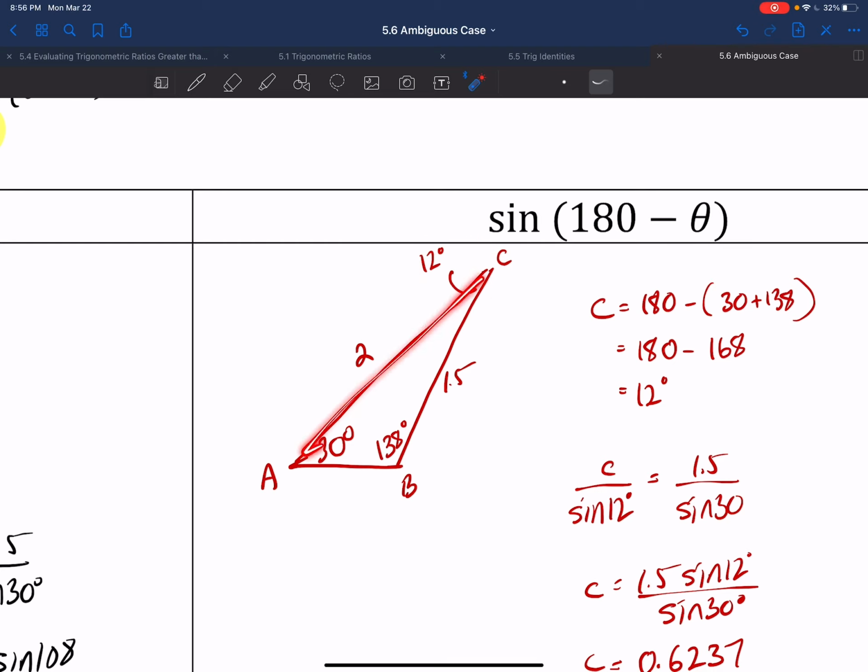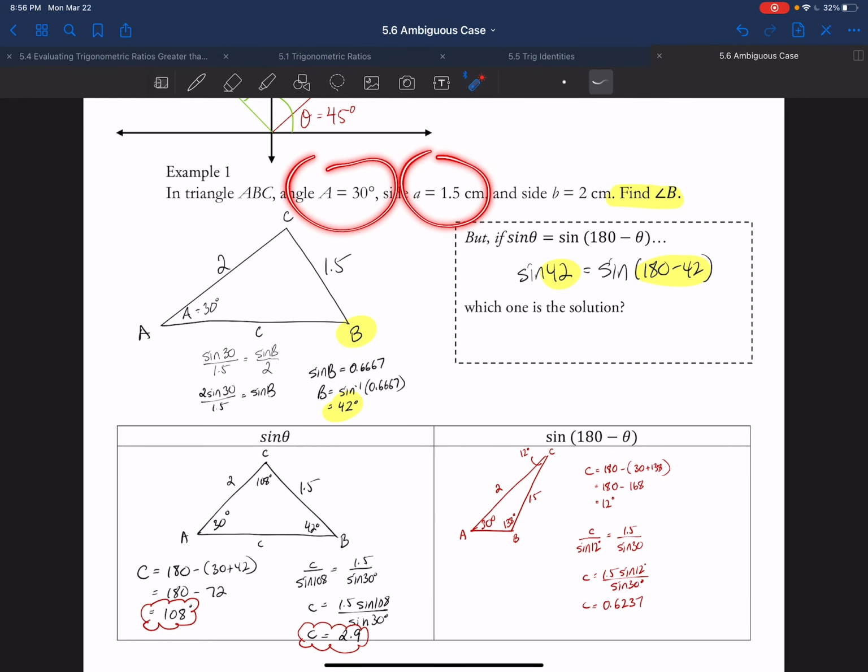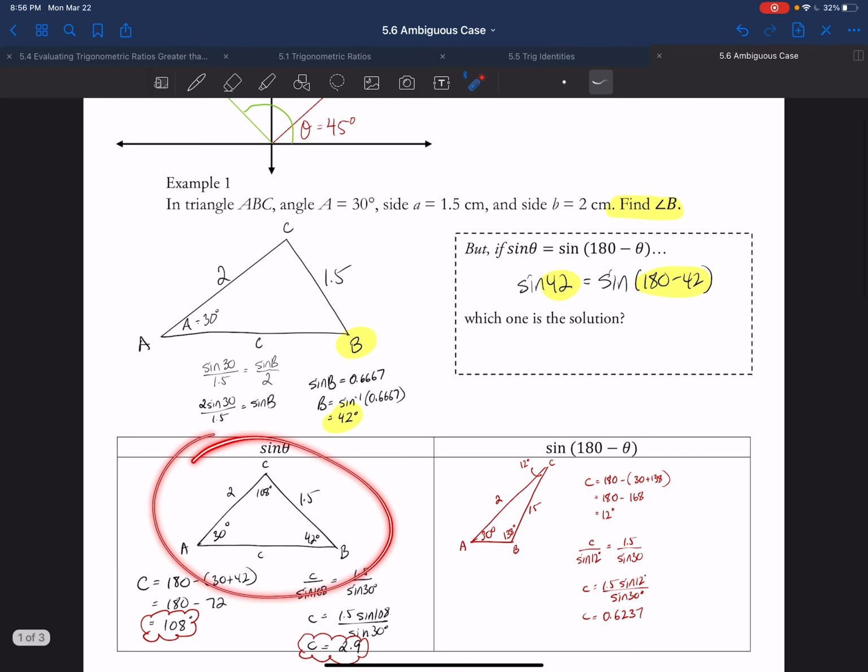It's not spread out that much, so this is going to be a small side. So it's ambiguous because based on the information, I don't know which triangle it is. It's either this one or this one. They're both possibilities. So that is the ambiguous case.